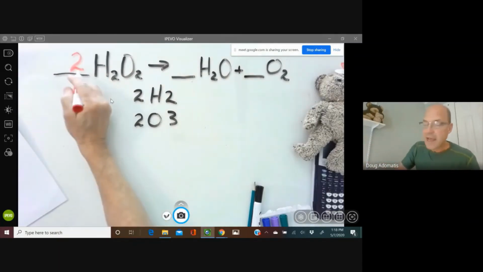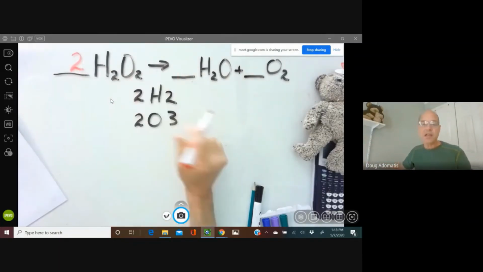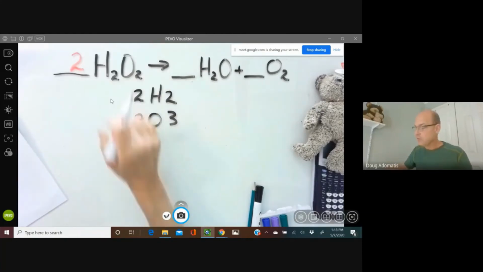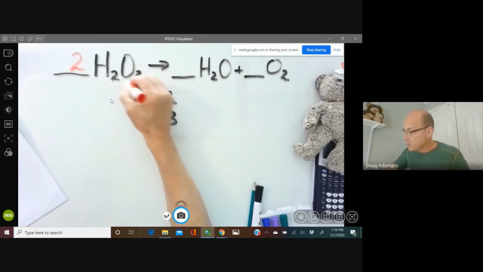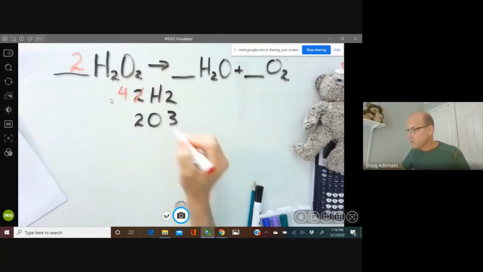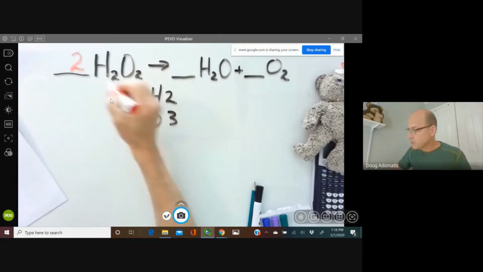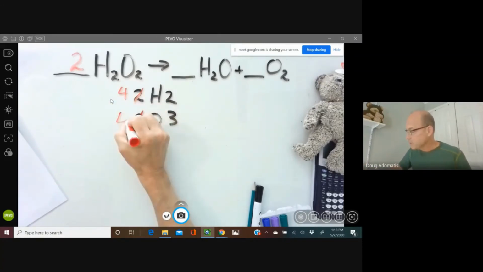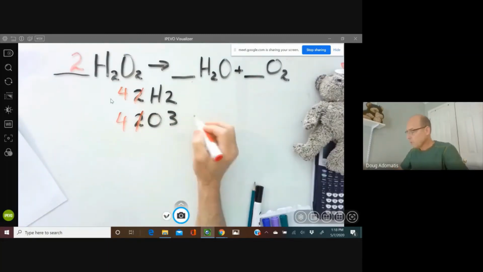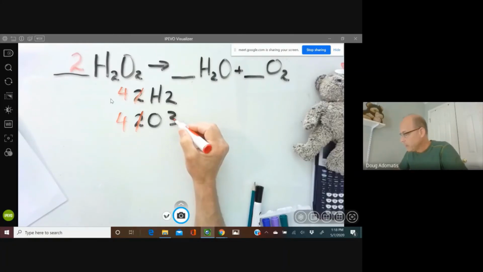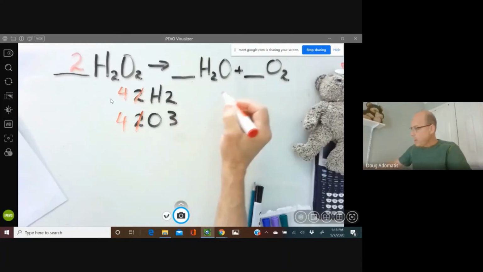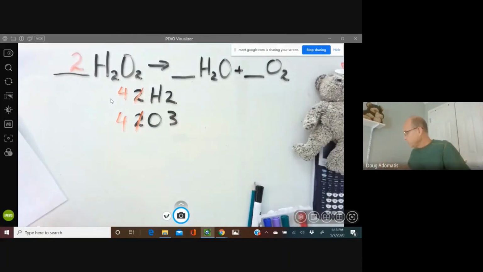Okay, now because I added a 2 there, that's going to change everything in the term that follows. So I no longer have just 2 hydrogens, I've got 4 hydrogens. I no longer have 2 oxygens on this side, I've got 4 oxygens on this side. And whoa, I'm still not in balance. So I'm going to have to do something else.